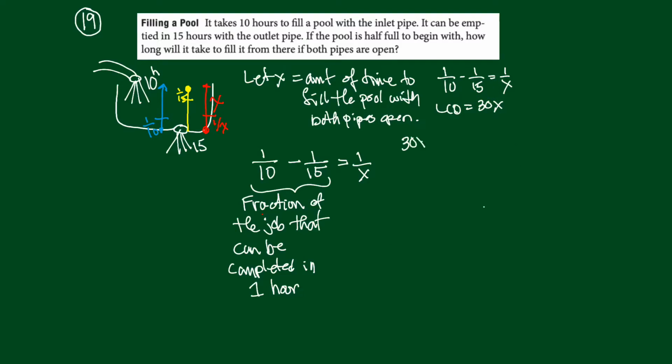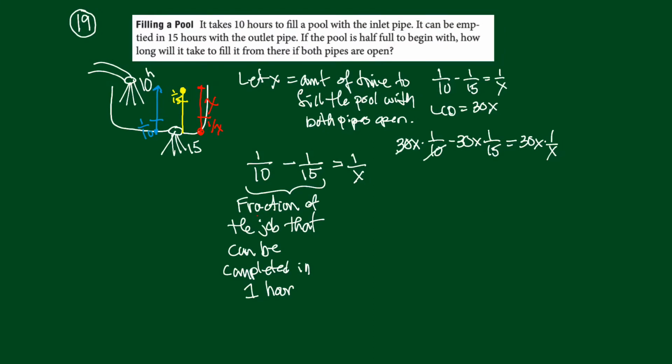We'll get 30x times 1 over 10 minus 30x times 1 over 15 equal to 30x times 1 over x. So we'll get some cancellations here. 10 into 30 is 3, so we get 3x times 1 is 3x, minus 15 into 30 is 2. We get 2x times 1, which is 2x, equals, those x's cancel, we get 30. So what do we get here?